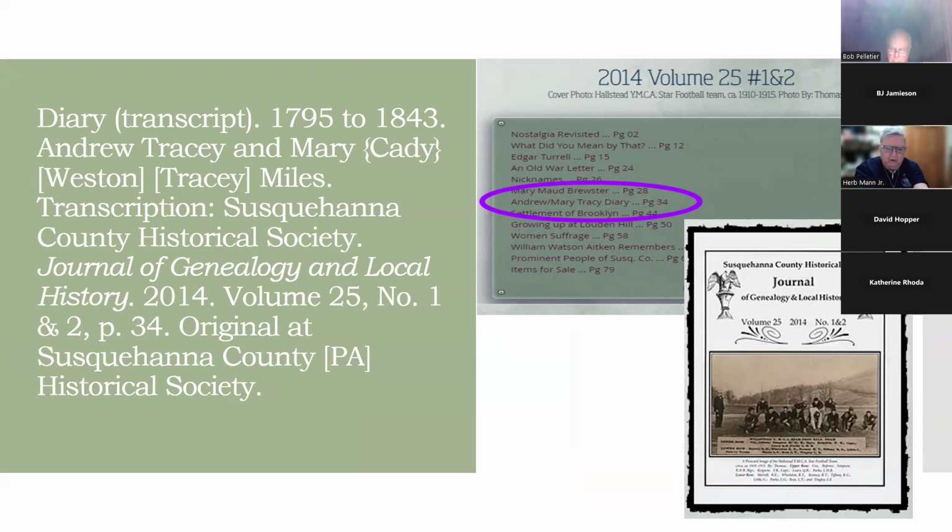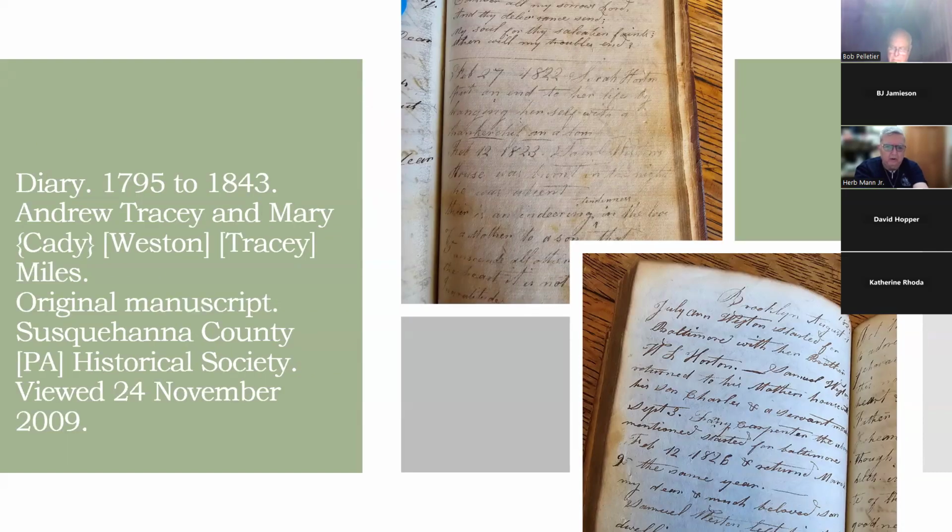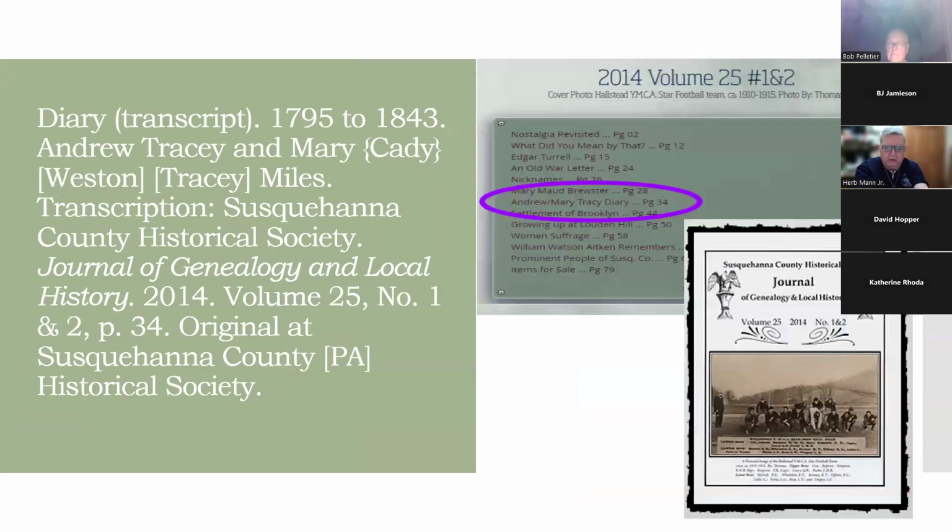If I'm talking about something I saw in person in the diary, I would use this citation. If I went and looked at the copy of this that I have, to see how they transcribed something, or it was a page I didn't photograph, I would use this citation.